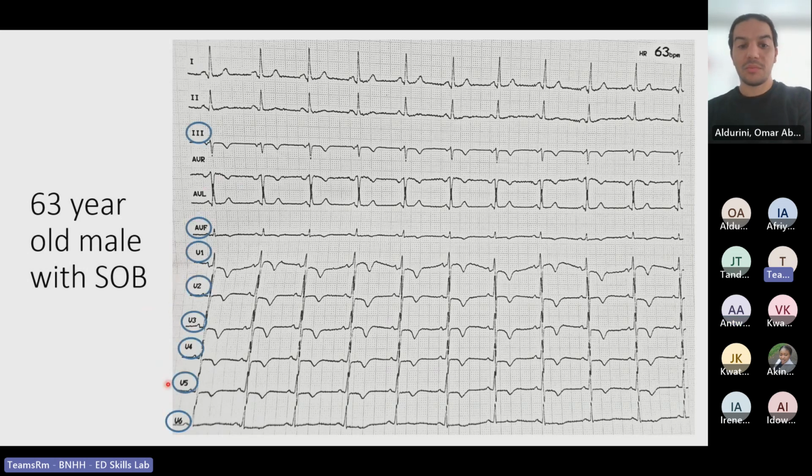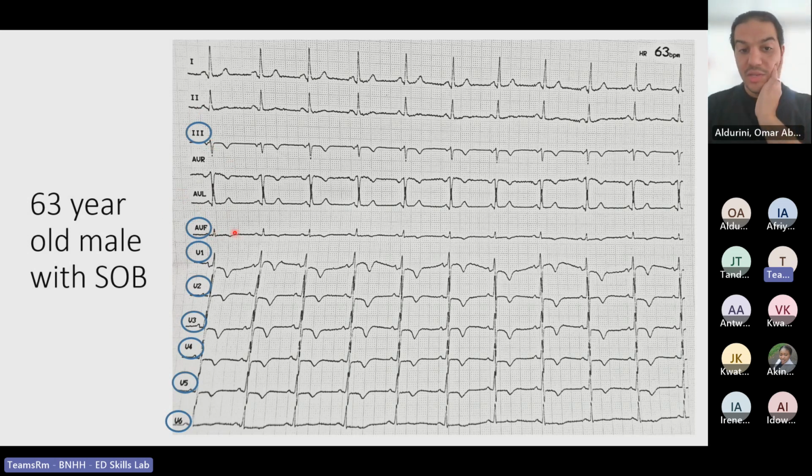Okay, so we can see a T wave inversion here. There is another subtle T wave inversion in AVF and lead 3 as well. As we said before, if it was just in lead 3 itself without any change in lead 2 and AVF, then I could ignore it.